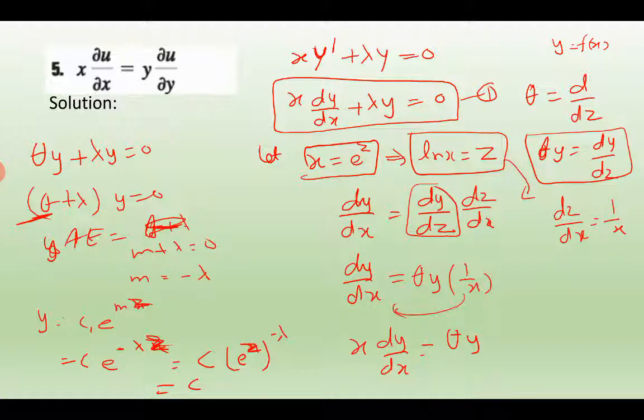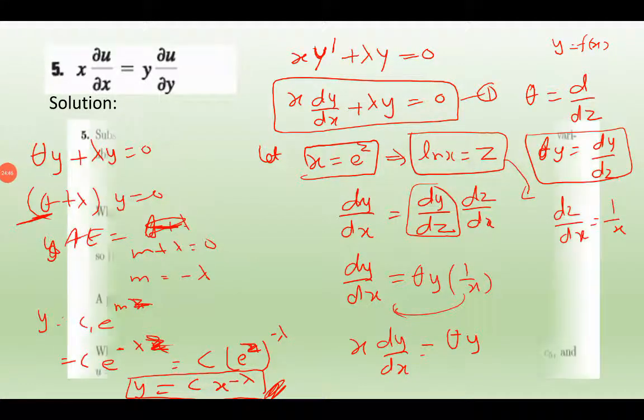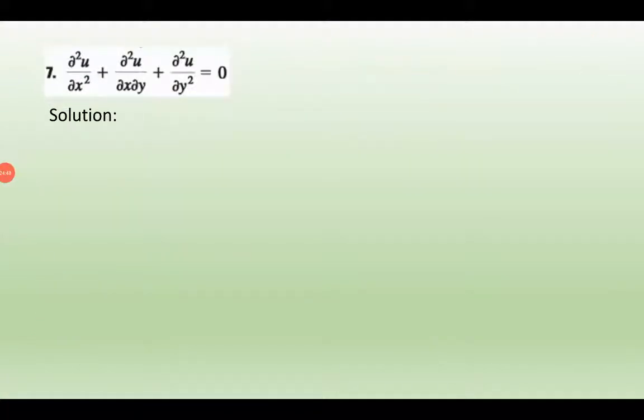So this is the way you get the answer, c into x to the power minus lambda is a solution. In this way, I have explained the procedure of how you can assume the solution y is equal to c into x power minus lambda. Okay, note it down. But we are directly using this result in this problem. Problem number 5 has been solved.